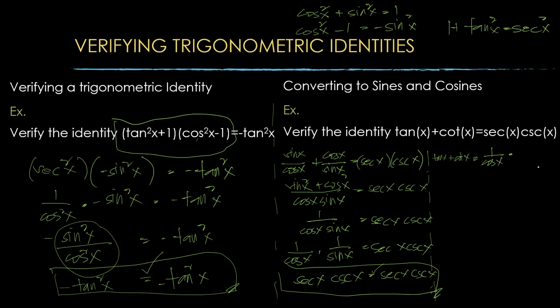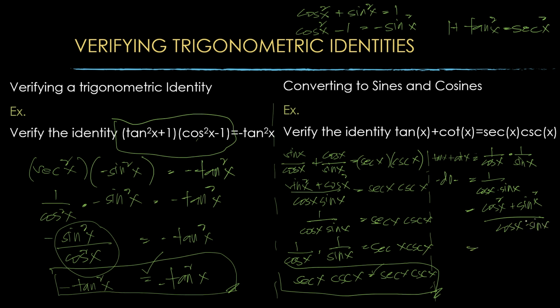What is cosecant of x equal to? 1 over sine of x. From this one, 1 is equal to cosine x squared plus sine of x squared. So we can have cosine of x squared plus sine of x squared over cosine of x times sine of x. Right?